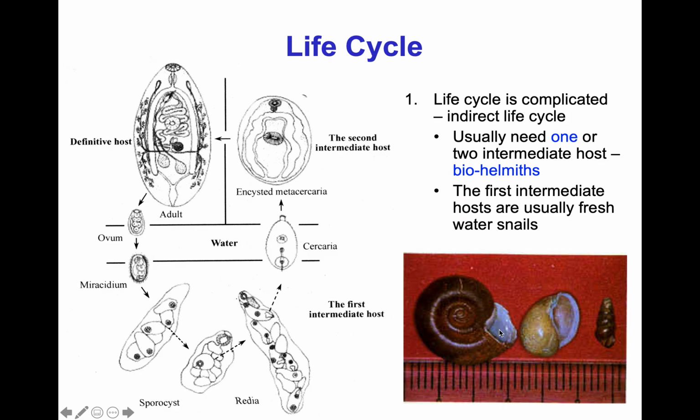The first intermediate hosts are usually freshwater snails. The picture in red shows 3 different kinds of freshwater snails, which are the intermediate hosts for different flukes. And on the left, this is the general life cycle of the flukes.